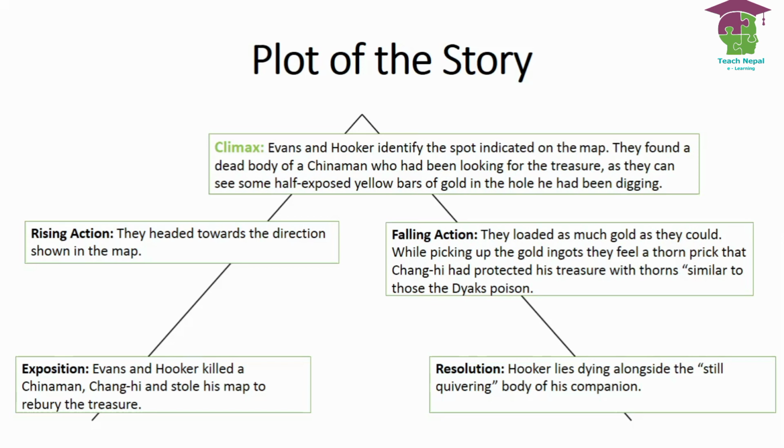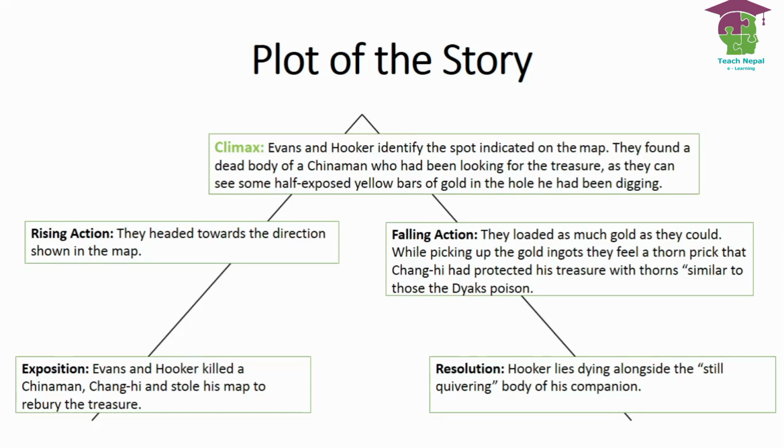Falling action: Evans and Hooker loaded as much gold as they could while picking up the gold ingots. Ingots means brick shaped gold, or we call them biscuits of gold.